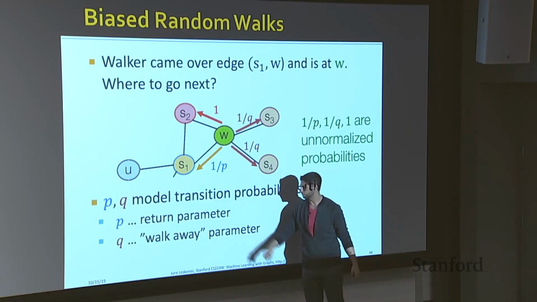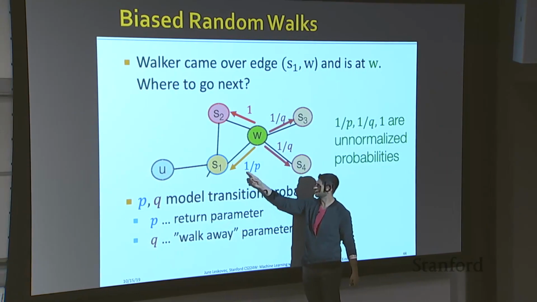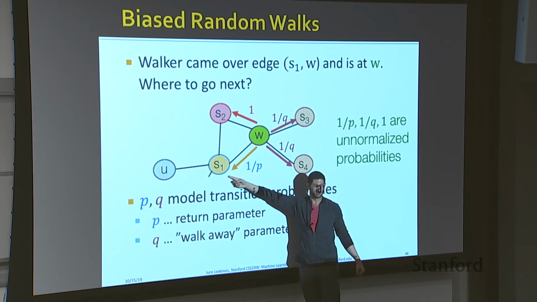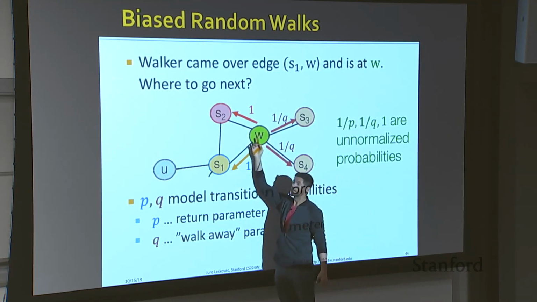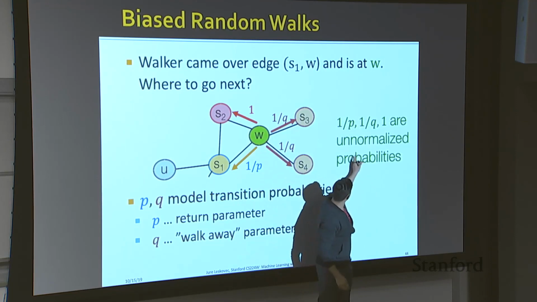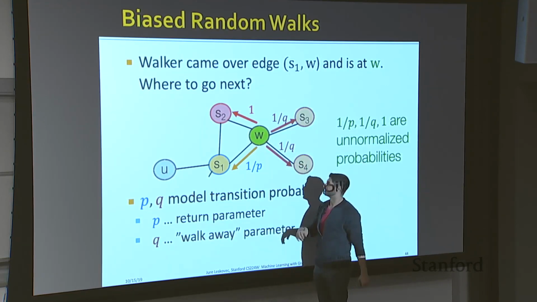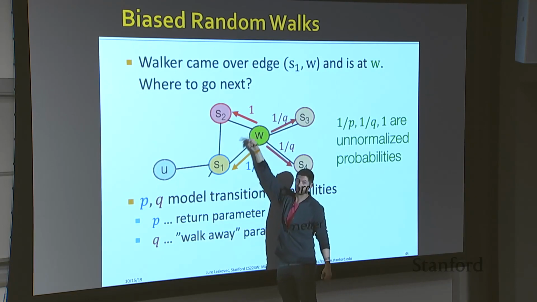We said P is our return parameter, Q is our walk away parameter. So we're going to say with probability 1 divided by P, our walker will go back to S1. Then with probability 1, and keep in mind that they are unnormalized, so we're going to normalize them at the end and make sure that they sum to 1, no worries. With probability 1, then our walker can go to S2, so basically it's performing a BFS.